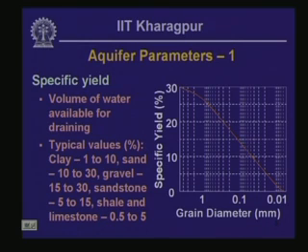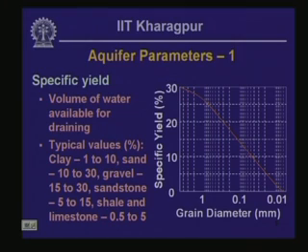Okay, so it is becoming very clear now that from the point of view of the usefulness of the formation as an aquifer, we would like to have a larger value of specific yield.